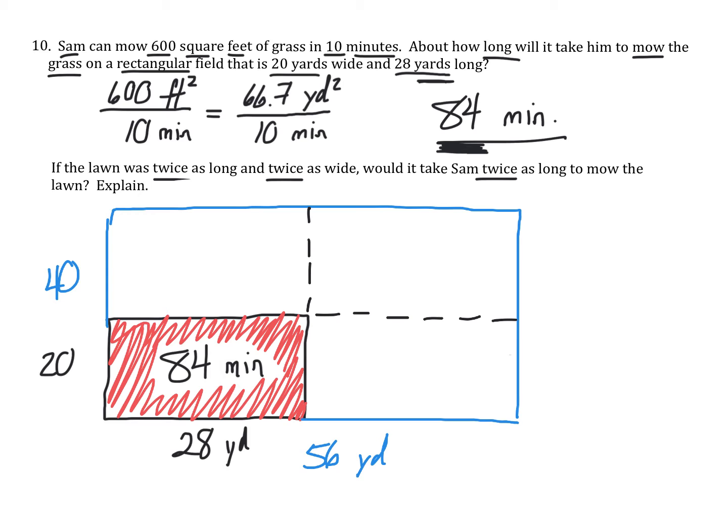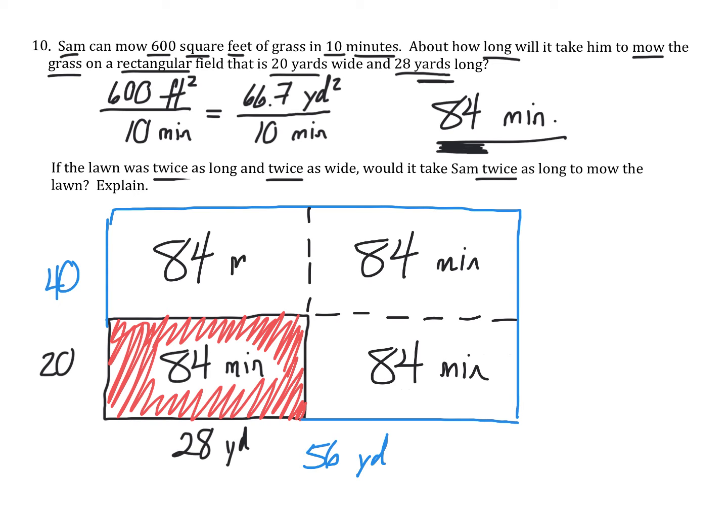Well, if it took him 84 minutes to mow the first piece, it's going to take him 84 minutes to mow the next equal section, 84 minutes for the one after that, 84 minutes for the one after that. And after I add up those 4 sections, it's going to take a total of 336 minutes, which I can see is not twice as long, but is really 4 times as long.